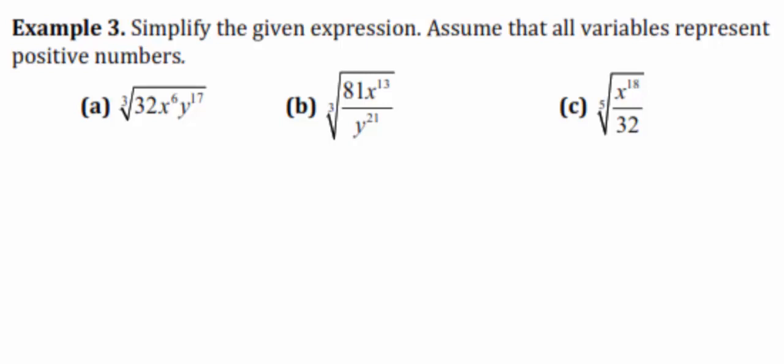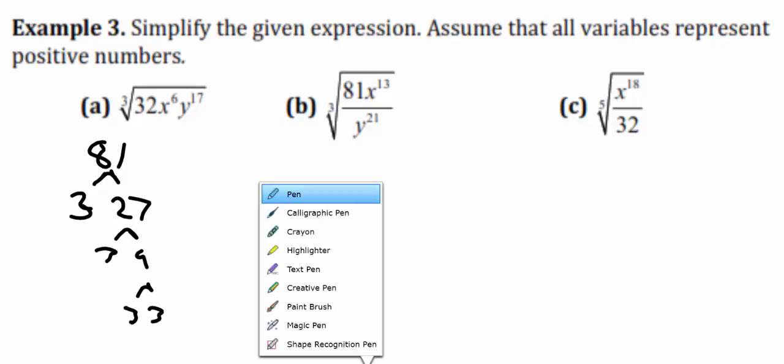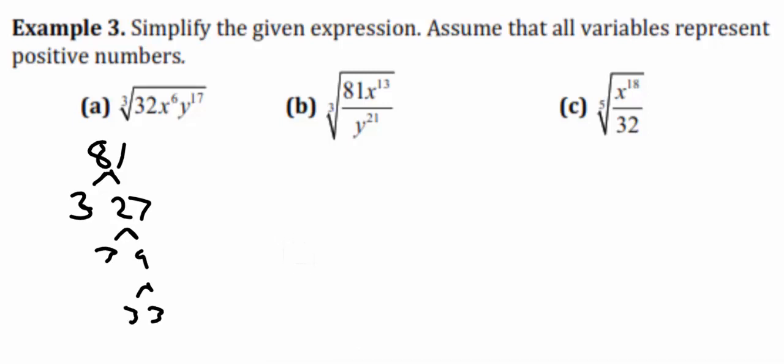So I'm going to put 81 over here, and let's just break it apart. It's 3 times 27. 27 is 3 times 9. 9 is 3 times 3, right? So that means I'm going to get the colors right this time. We can pull out one 3 because we have 3 of them, but we have to leave that 3 inside the radical.